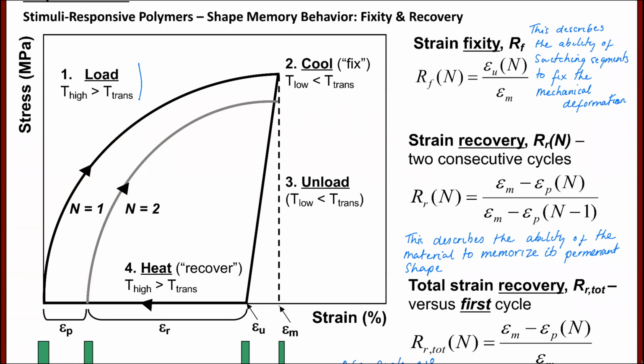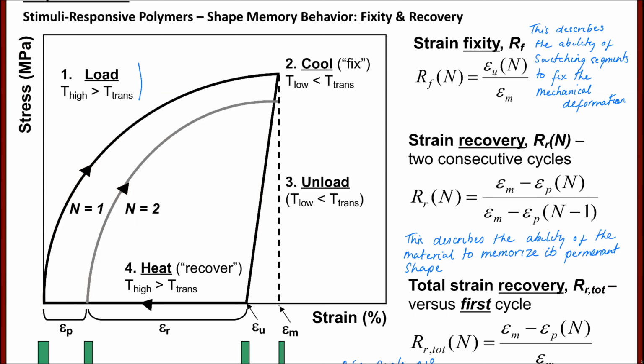Now, if it recovers totally, it will go back to the same size as it was before in its original permanent shape. If it doesn't recover, then that's where we can get our value ER from. So we're basically measuring how long it was in its temporary shape to how long it is once we've tried to heat recover it. But what we can do is go through multiple cycles.